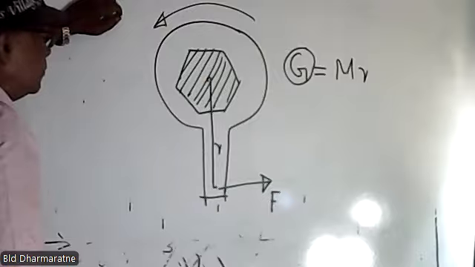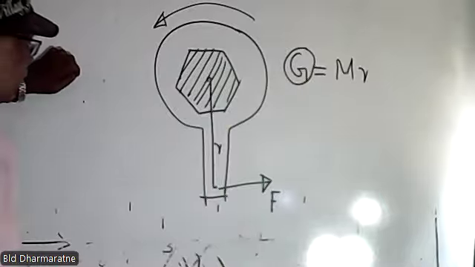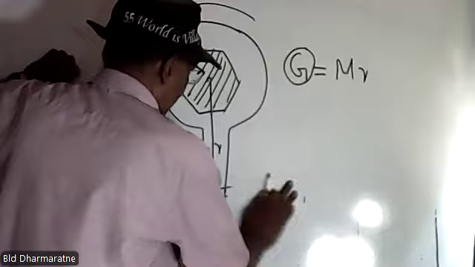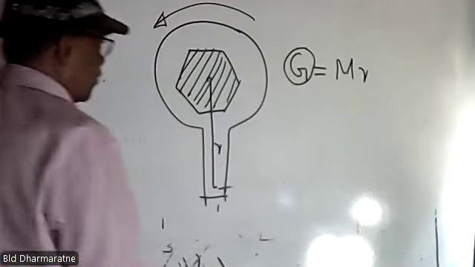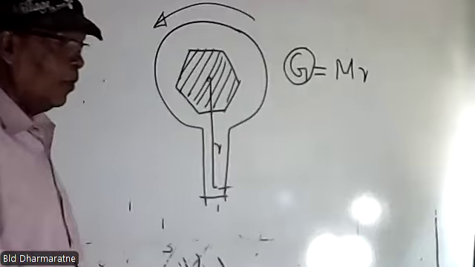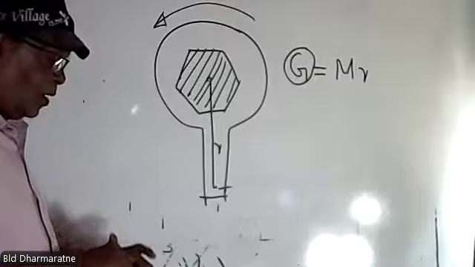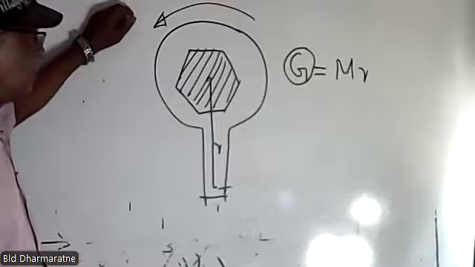That is the moment. What is the torque? Torque is the other thing. Some students think torque and moment are equal. Actually they are equal for some experimental purposes, but there is some difference.